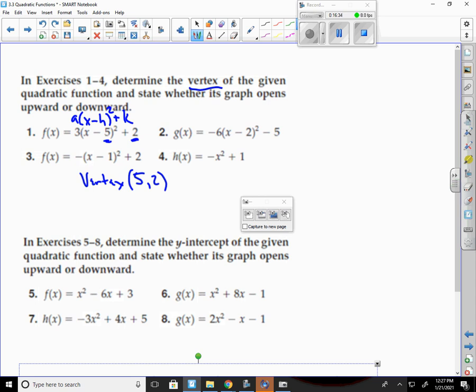No, it's opposite of h and positive k. So you change the sign of the h and you keep the k. And it's because it's a negative in the formula. So it would be minus whatever my h number is.